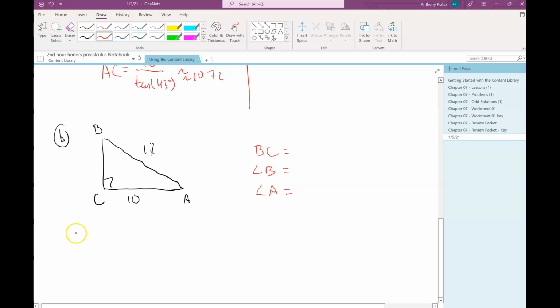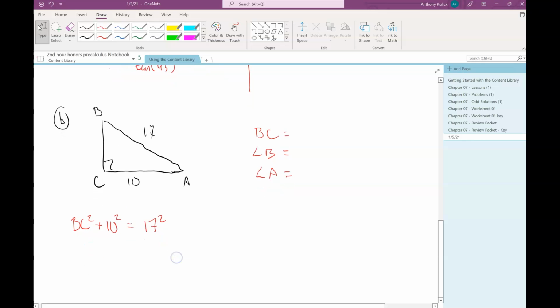Pythagorean theorem. So what equation would I write? BC squared plus 10 squared equals 17 squared. Again, got to be careful that the hypotenuse is the piece by itself, right? Okay, so we'll subtract 10 squared from both sides and then square root both sides.